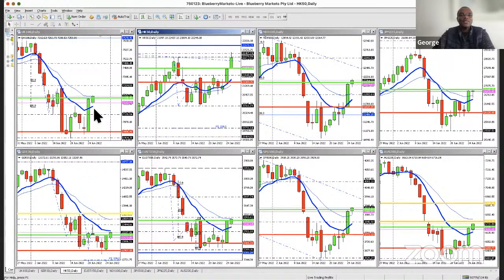I'll look at the 5 minutes just now on the UK 100. But for me, we are in a sell zone in this whole area. I'm interested to see what's happening on the 5 minutes, because now we're testing the 20 on the daily, which is a key level of resistance.